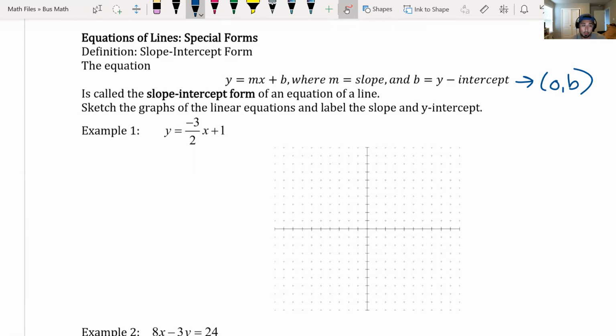So we want to graph the linear equations below and label the slope and the y-intercept. All right. So for this one, we are going to graph it using the slope and the y-intercept. So here is our second method to graphing a linear equation. The first method we used was finding the x and y-intercept. This method, we will use just the slope and the y-intercept. Okay.